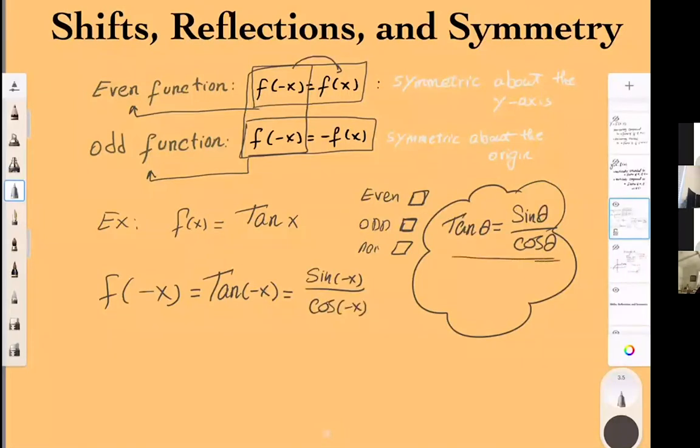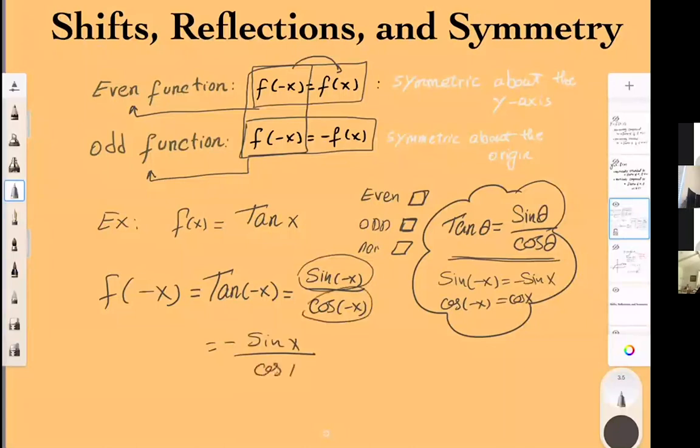In your note sheet, sine of negative x equals negative sine of x, and cosine of negative x equals cosine of x. We learned that cosine is even, sine is odd, from the graph in trigonometry. So instead of sine of negative x, I can put negative sine of x, and instead of cosine of negative x, I can just put cosine of x.